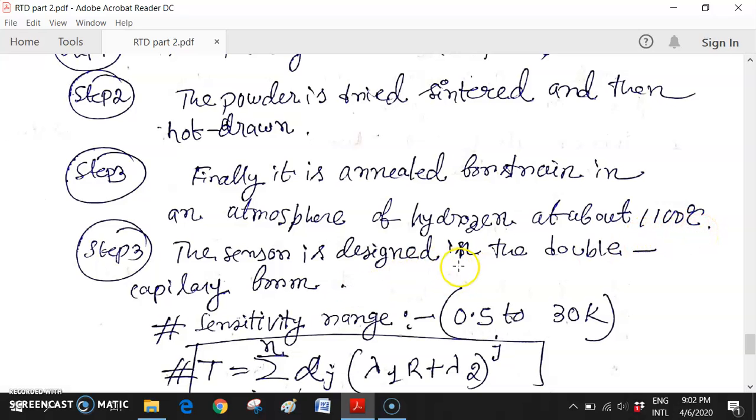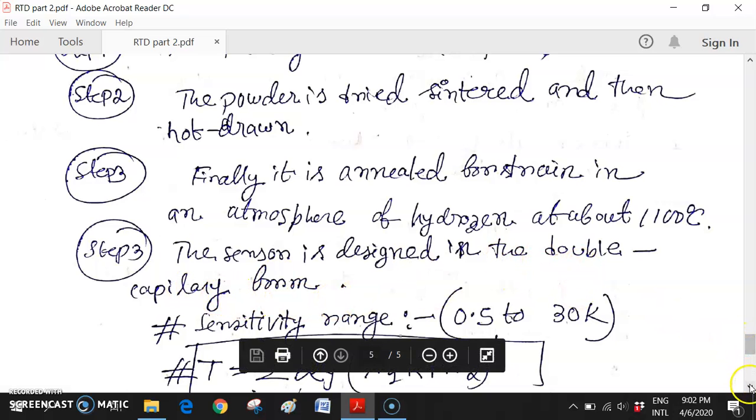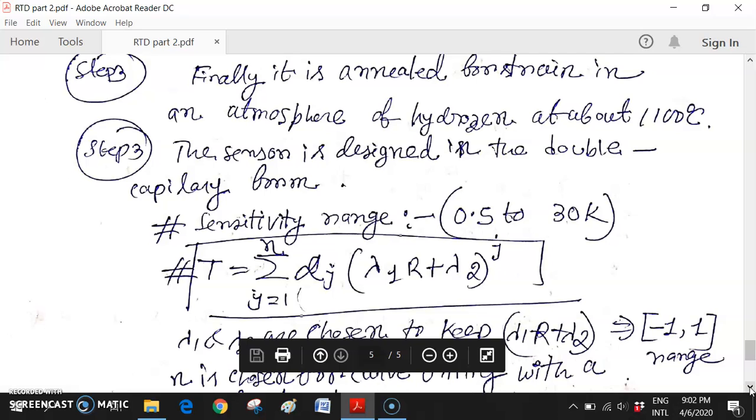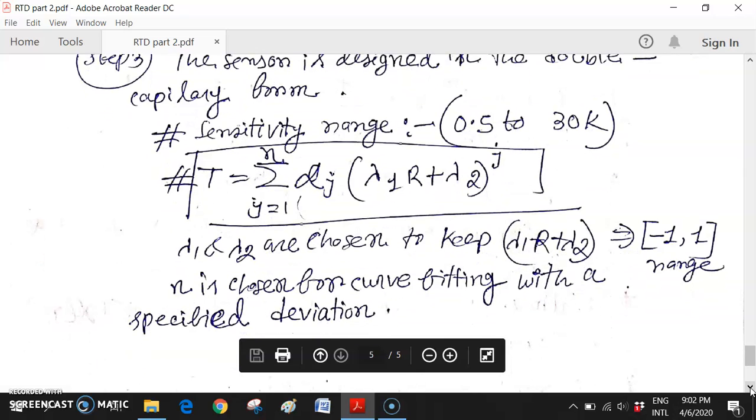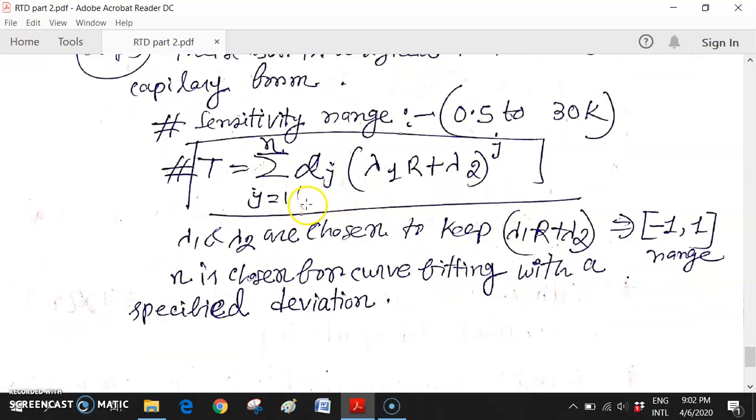The sensor is designed in the double capillary form, and the sensitivity range is 0.5 to 30 K. This is the governing equation: temperature equals the sum from J equal to 1 to N of alpha J into lambda 1 R plus lambda 2.